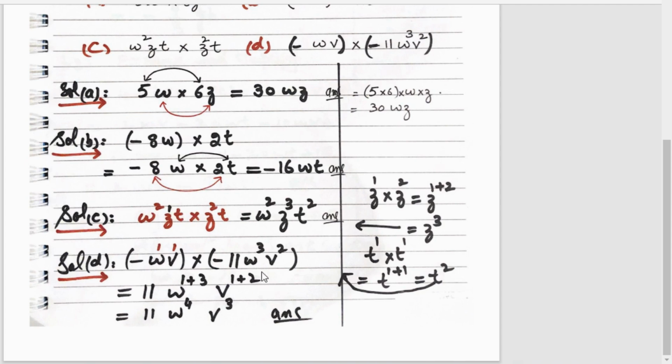Now we will do the same process with the bigger terms, or we will move towards more examples so that we can understand the process of product of multiplication very well. Thank you very much.